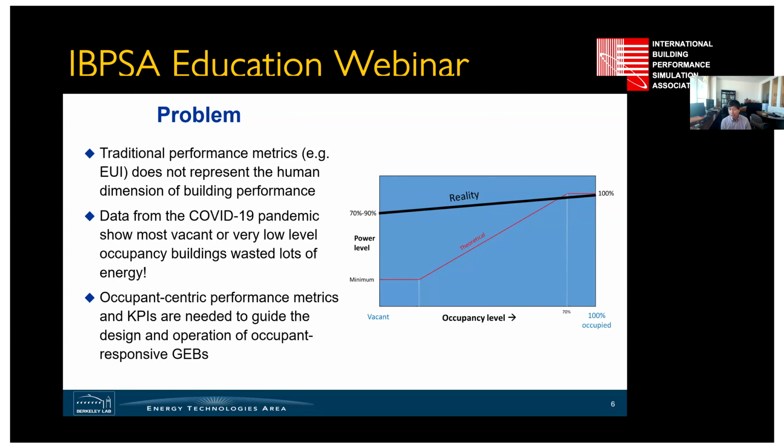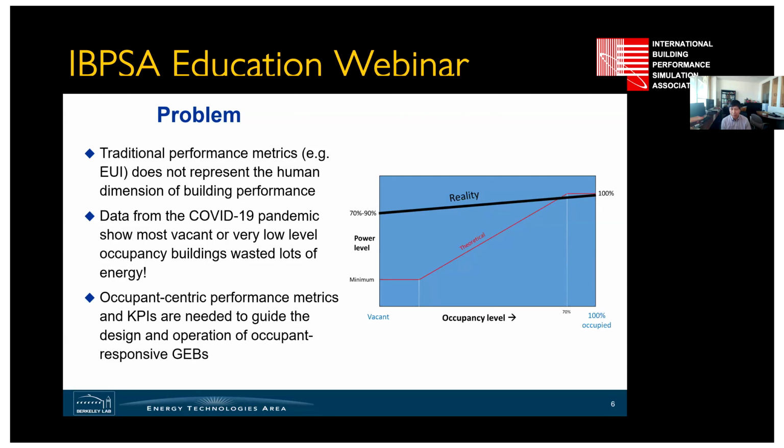So that's the theoretical way, and we have all the technology to do that. But in reality, there's a lot of data from the COVID-19 pandemic showing that a lot of the buildings were almost empty, or had very low occupancy levels, but they still used a lot of energy. So I think that's a big question we are asking: can we better design?